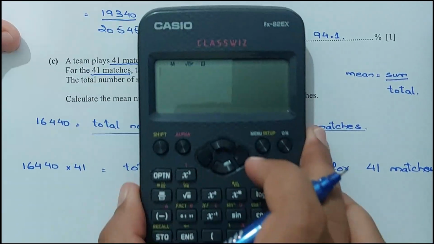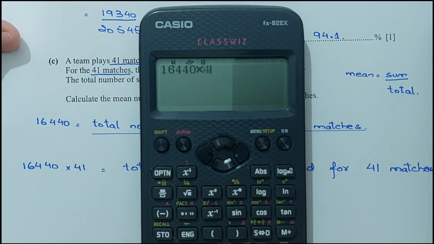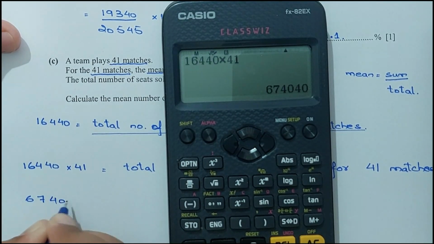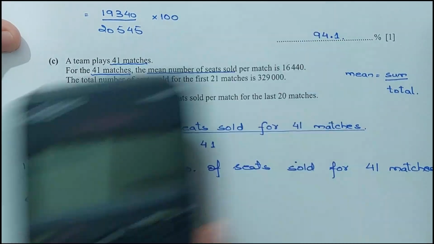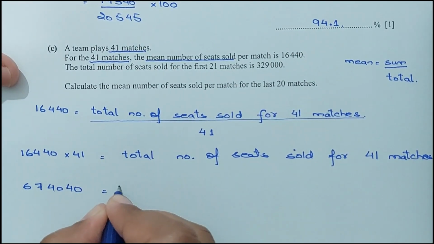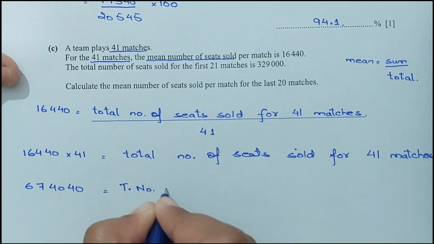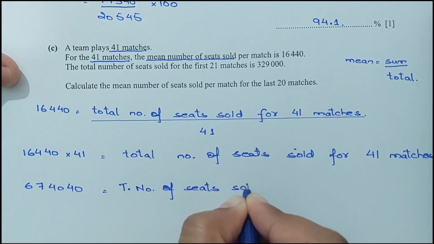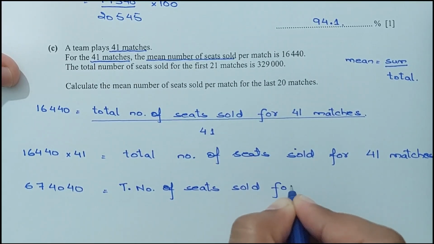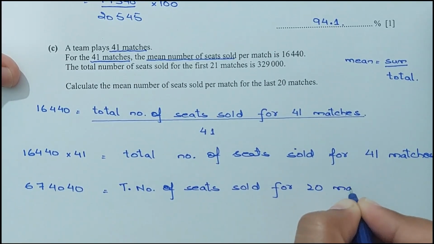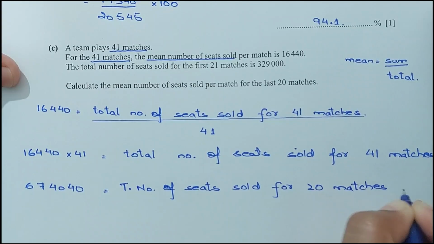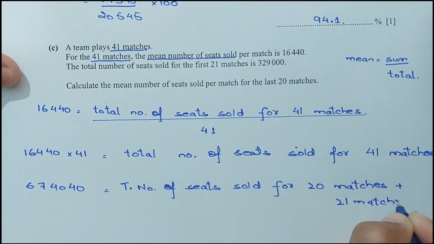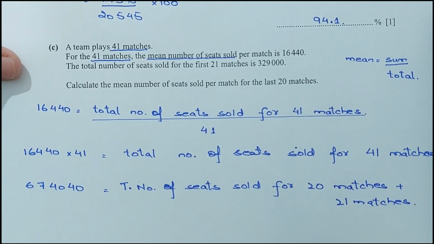So 16,440 times 41 is 674,040. This is equivalent to the total number of seats sold for 20 matches plus 21 matches, because 20 plus 21 makes 41.